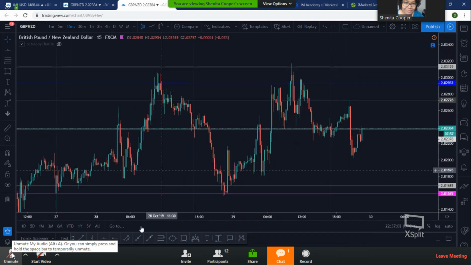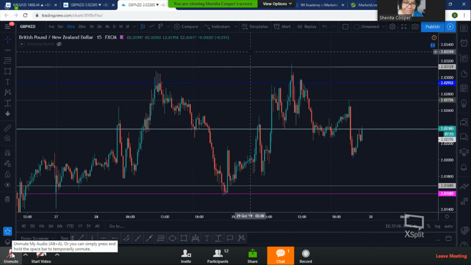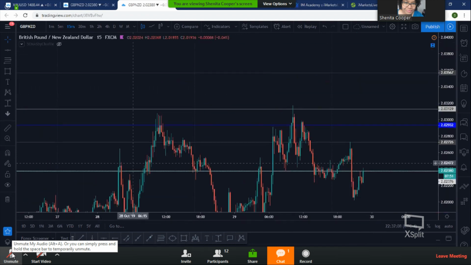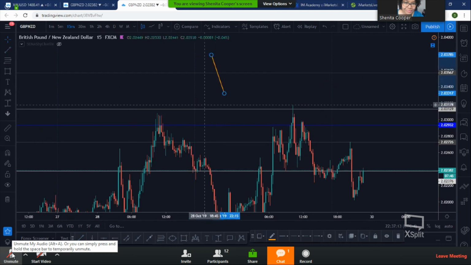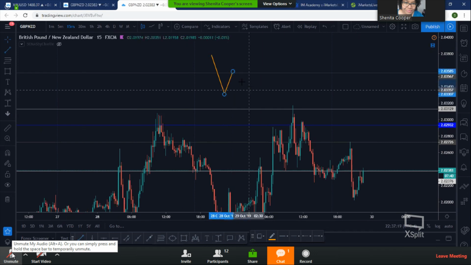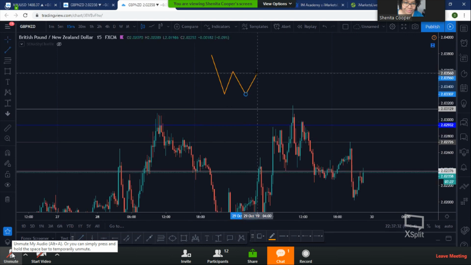Double bottoms, they're not always perfect. But this is what they look like. They could come up here. They could come down here. They could be around here. They're not going to be perfect all the time. It may do this.